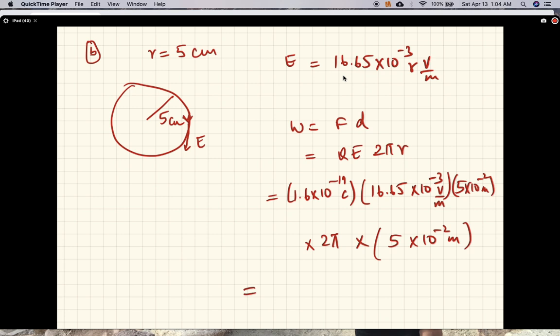And the work done is equal to, 10 to the minus 19, 10 to the minus 22, and minus 26. Okay.